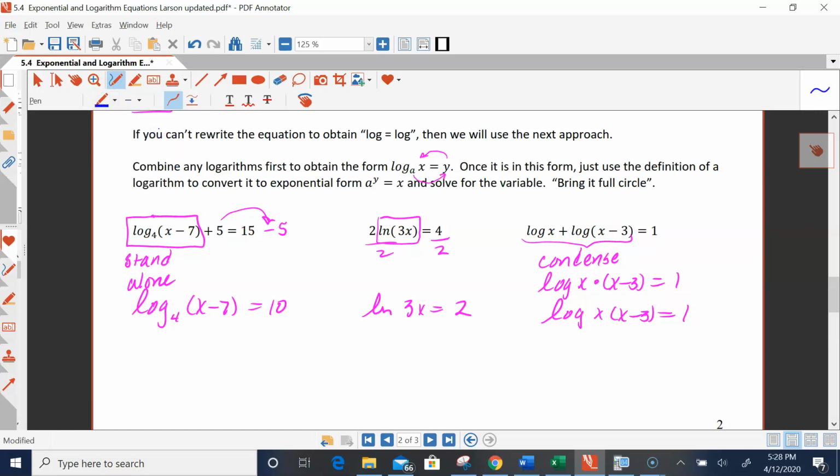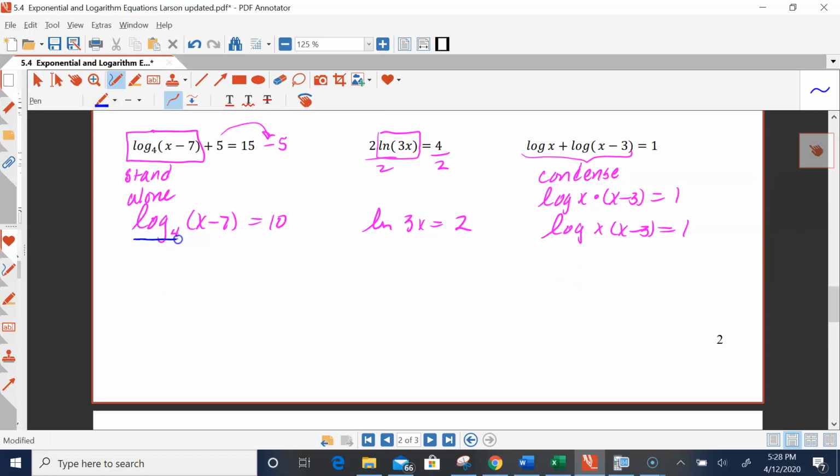Notice in each one of those equations, the log stands alone, and there's only one logarithm. There's not a log on both sides. So I've got one logarithm in my problem, or in this case I had 2, but I condensed it into 1. I don't have a logarithm on the right-hand side.